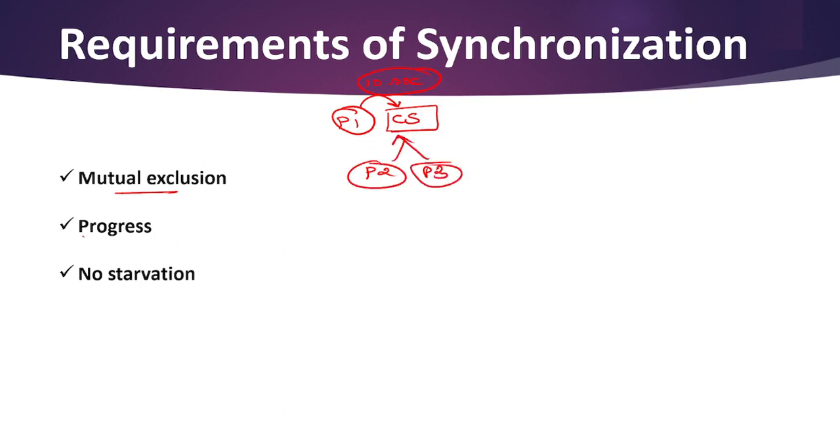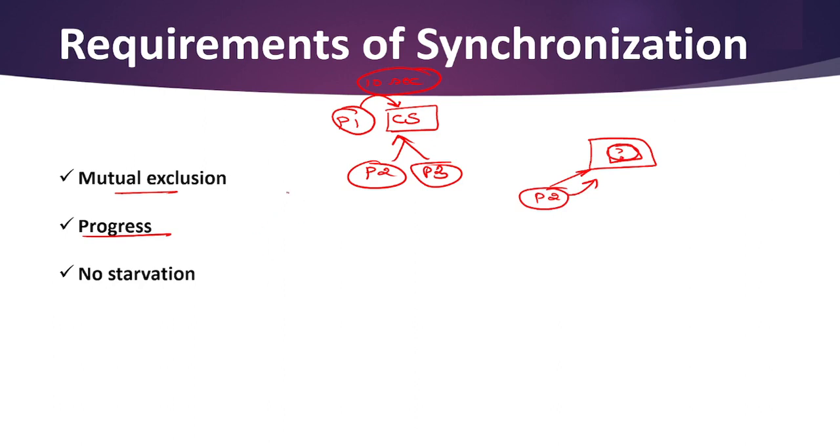Next is progress. If no process is in the critical section and other processes are waiting outside this section to execute, then any one of the threads must be permitted to enter the critical section. Means what? If no process is inside the critical section and, let's say, process P2 is waiting to go inside this section to execute its request, then any of the threads must be permitted to enter.